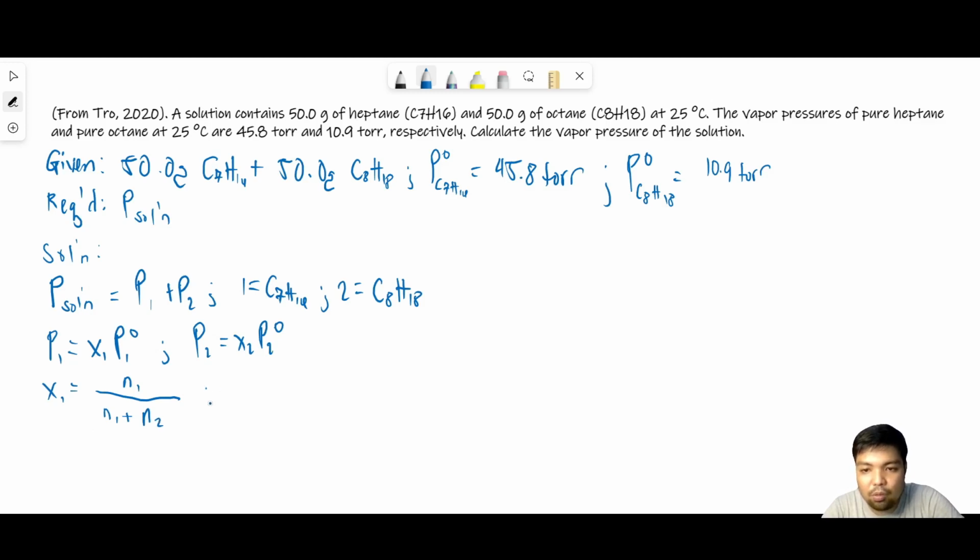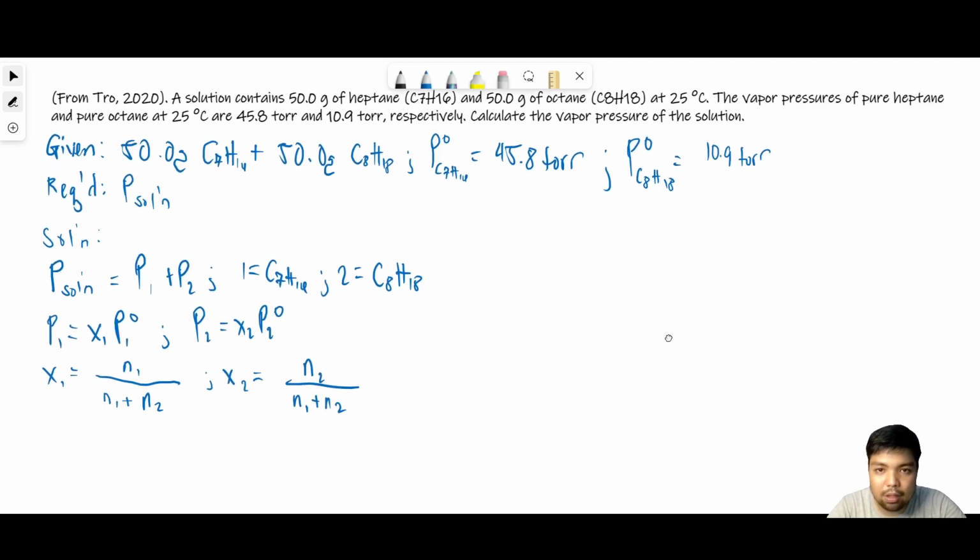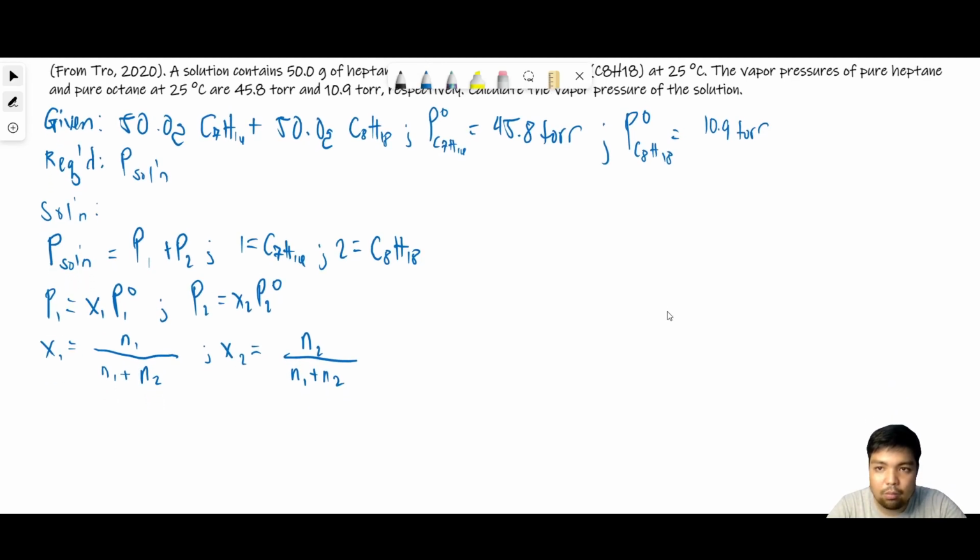The same goes for the mole fraction of octane. I hope you guys follow. I'll just move this a bit upward here, since we already have the given and the required.